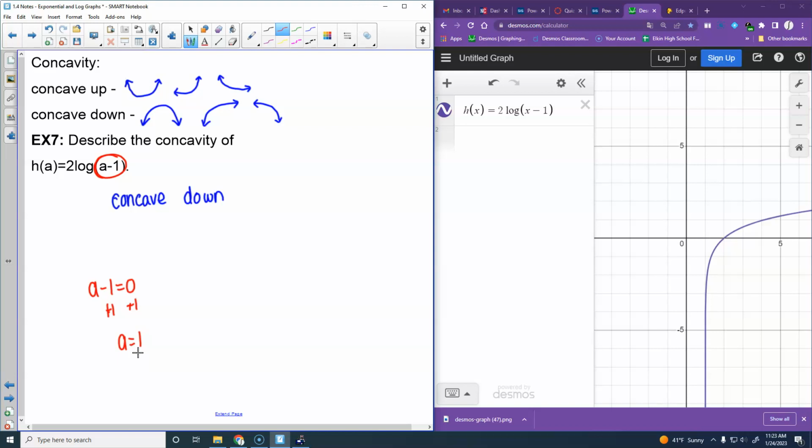So if you take what's on the inside and set it equal to 0, that'll let you know for sure if you have one you're not really sure about. A lot of times you can just tell from the graph, but sometimes you might need to do that. So we're concave down from 1 to infinity, or x is greater than 1, and we would be concave up never.